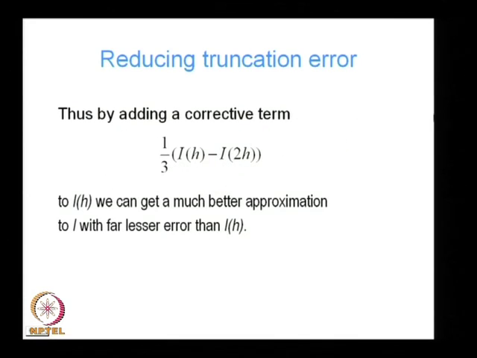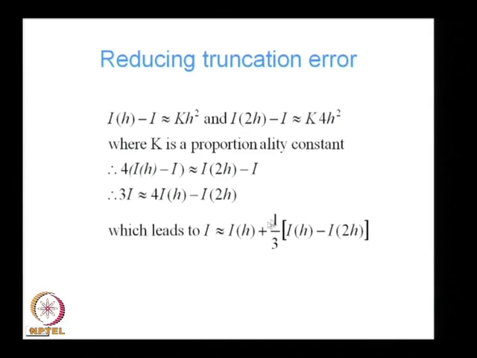Thus, by adding the corrective term 1/3 times I of h minus I of 2h to I of h, we get a much better approximation to I, with far less error than I of h, a value of the integral much closer to the true solution than I of h itself.